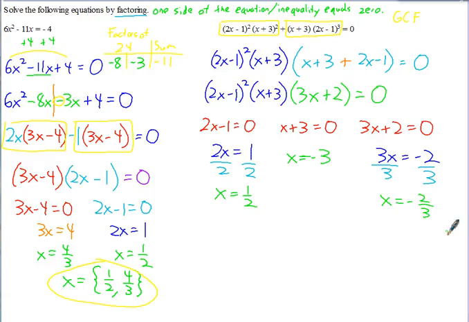So this time we have 3 solutions. So again, usually the way it's written is x equals, use the braces, open braces. And typically they're written from lowest to highest, so our lowest answer would be negative 3, then negative 2/3, then 1/2.